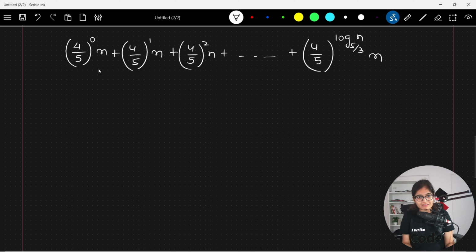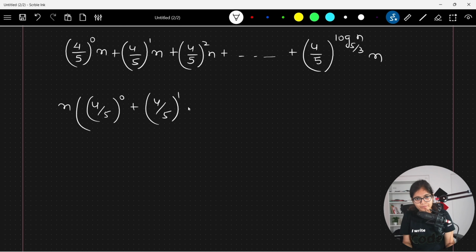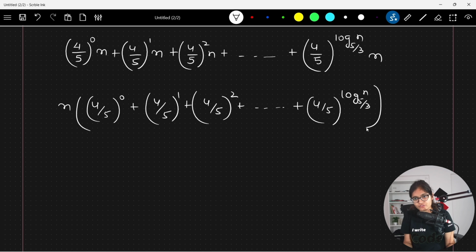Now what we can do is take the n value as common, and we are saying 4 by 5 to the power 0 plus 4 by 5 to the power 1 plus 4 by 5 to the power 2, and so on, until 4 by 5 to the power log of n base 5 by 3.